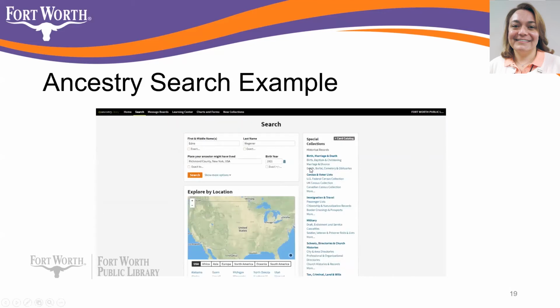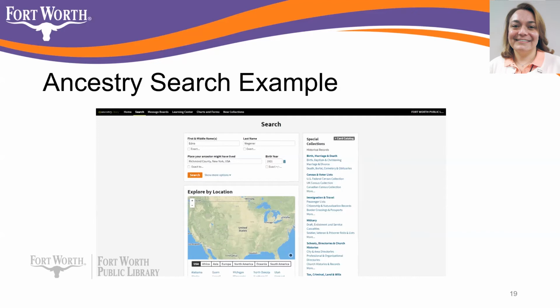Now we can put in the name of a person we're looking for. With this search screen, it's always advisable that you want to start with the information you're most certain of and go from there. So if you know the name, put the name. If you know where they're living, put where they were living. If you know the birth year, you can add that.